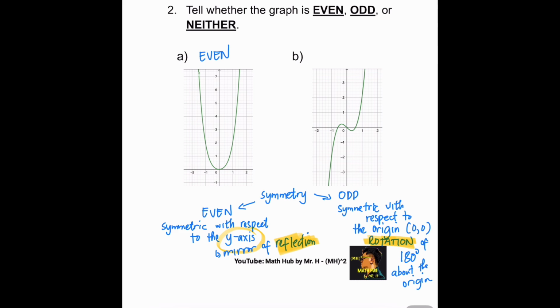And example 2b, okay, you can see that the graph is symmetric with respect to the origin, (0, 0). It's like if you have a point here, say that is at (1, 2), and the other one is here, which is (-1, -2).